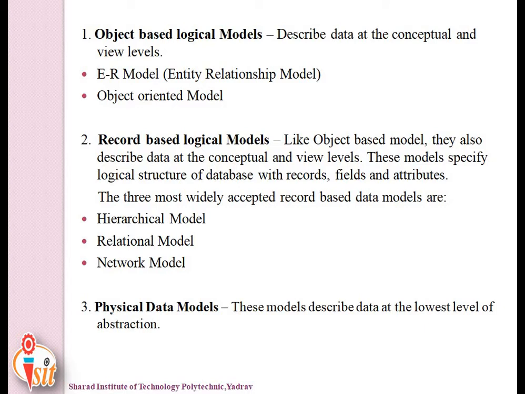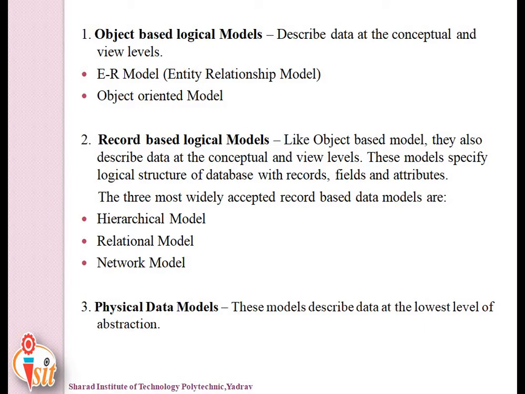Each record defines a fixed number of fields or attributes, and each field is usually of fixed length. Also, like object-based models, they describe data at the conceptual and view level. These models specify the logical structure of the database with records, fields, and attributes.